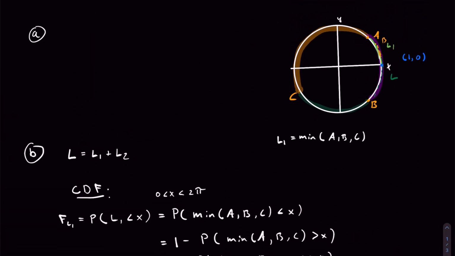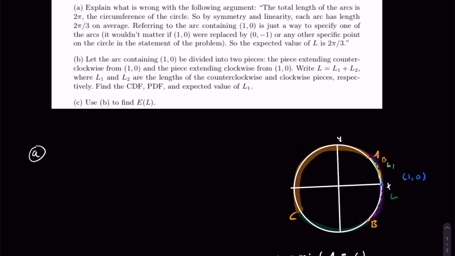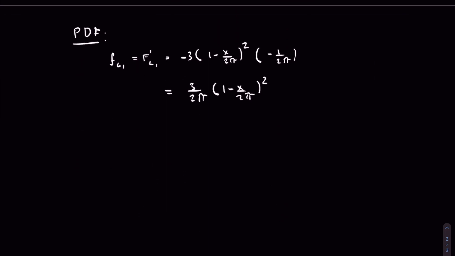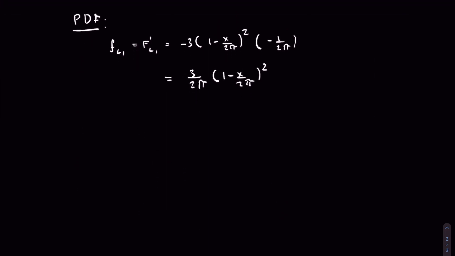All right, so that's the PDF, and now we have all the necessary components to calculate the expected value of L1. Right, so let's tackle that part of the question. So the expectation of L1, we have an integral from 0 to 2 pi. That's the support of L1, and x here, and then dx.